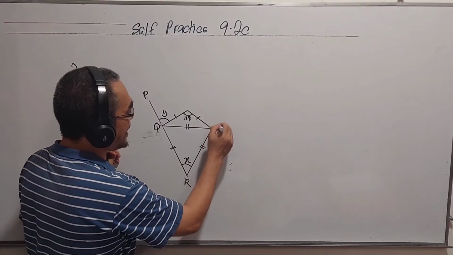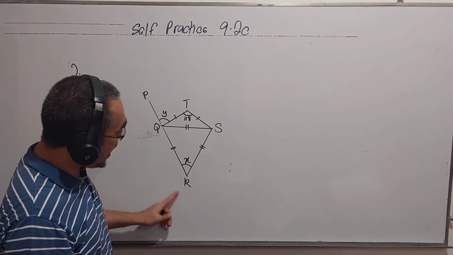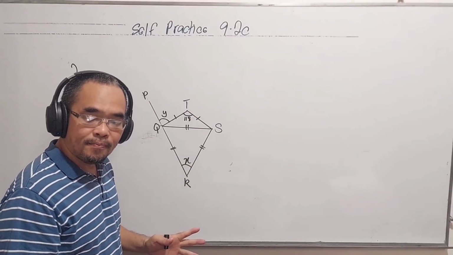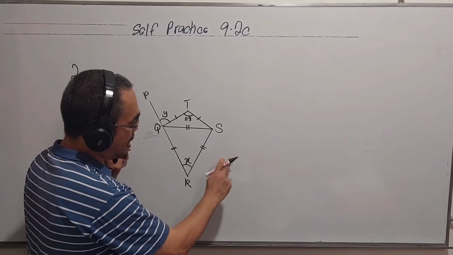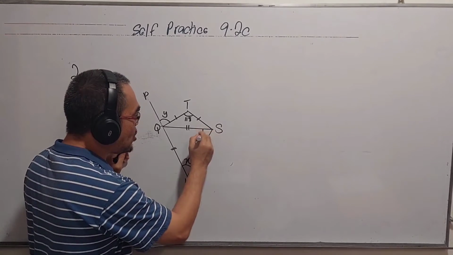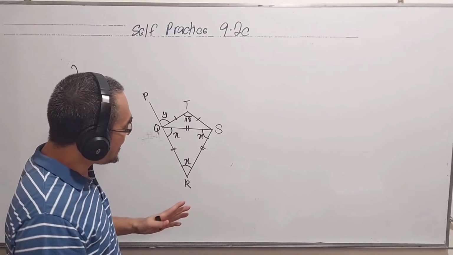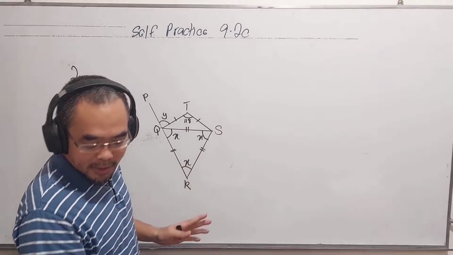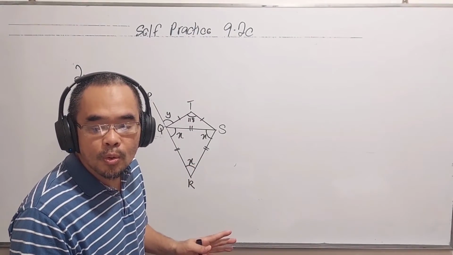QRS is an equilateral triangle. So you have to understand this is also x, and this is also x. Whenever it's an equilateral triangle, it's always 60 degrees. How do I know?